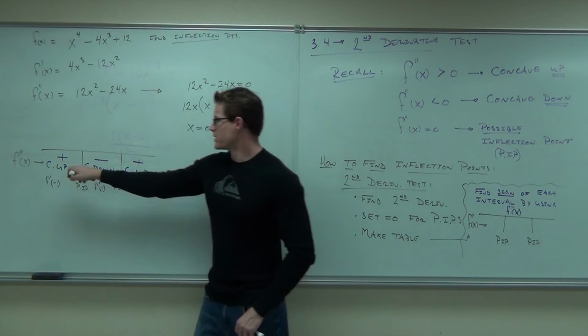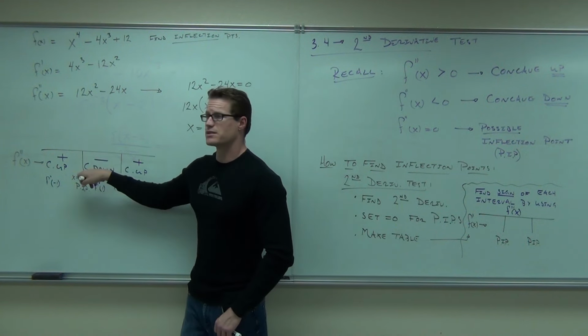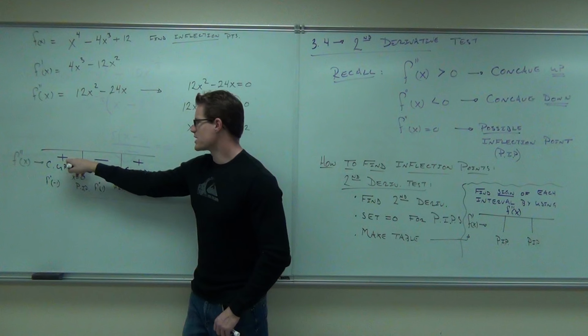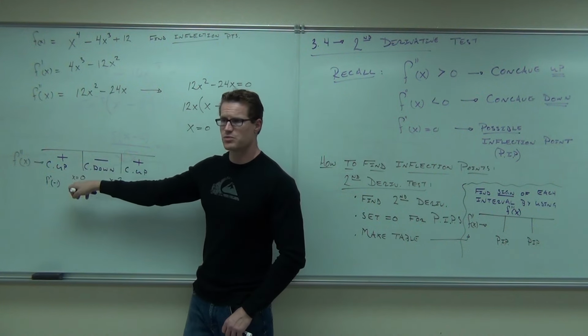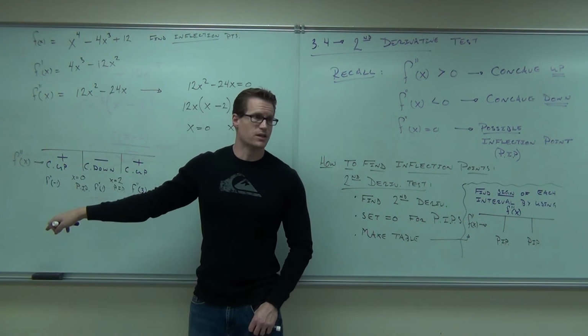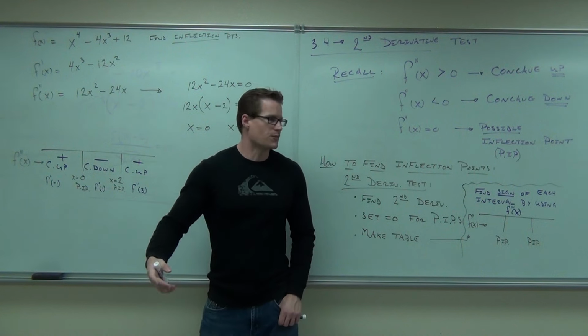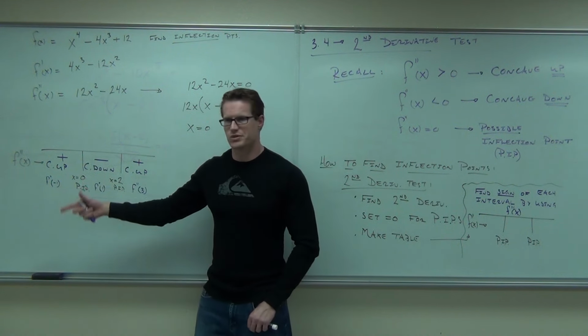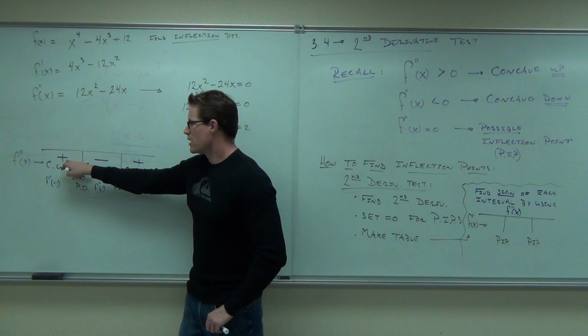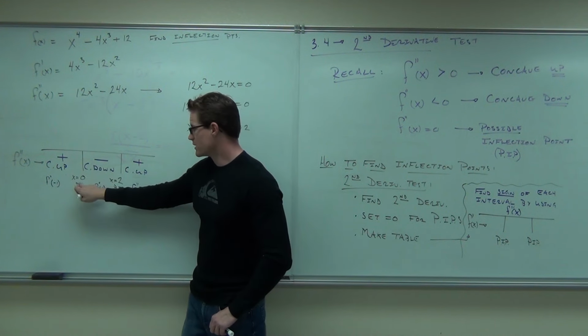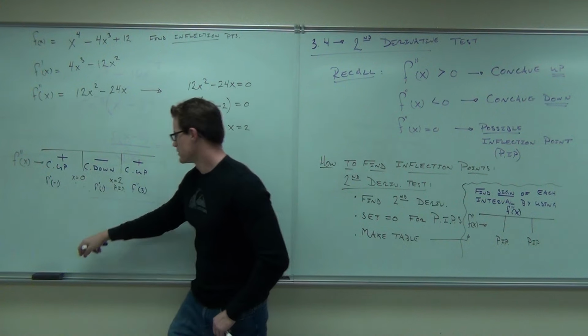From here to here, does it change? Then that's an inflection point. What if that had been plus and that had been plus? Would that be an inflection point? No. That happens occasionally, it does. Not often; often it's like this, especially with polynomials. But if it goes concave up to concave down, that is an inflection point.